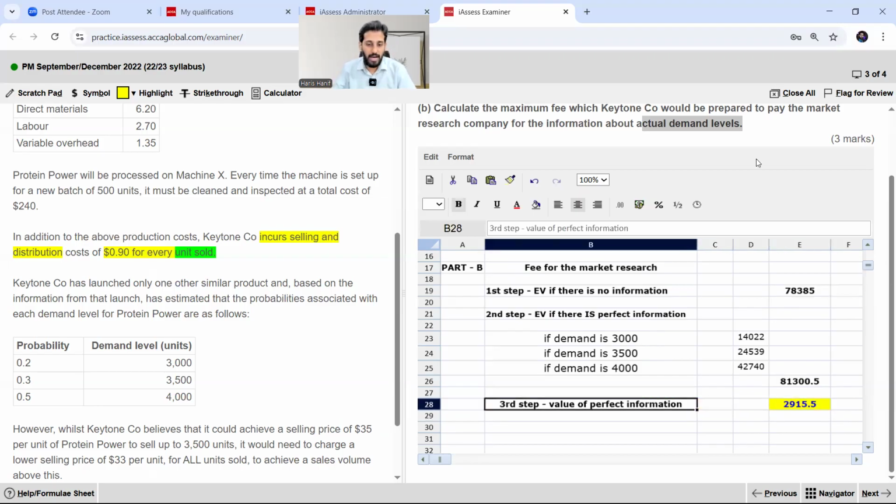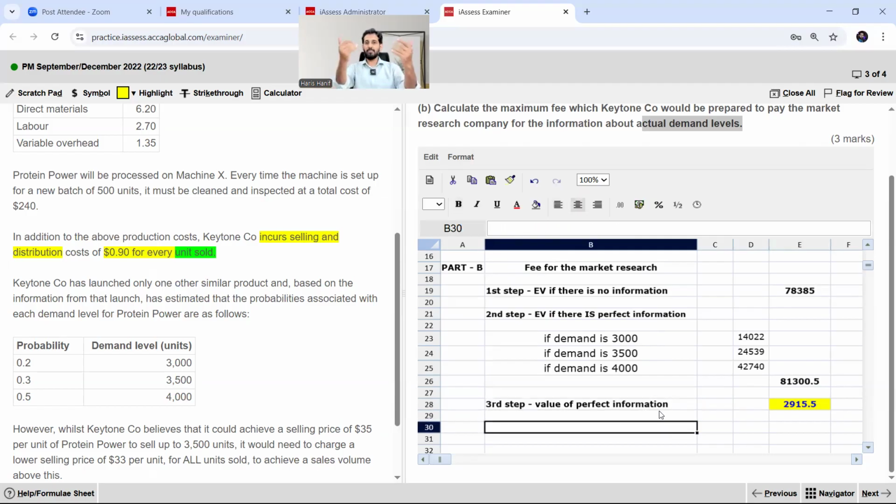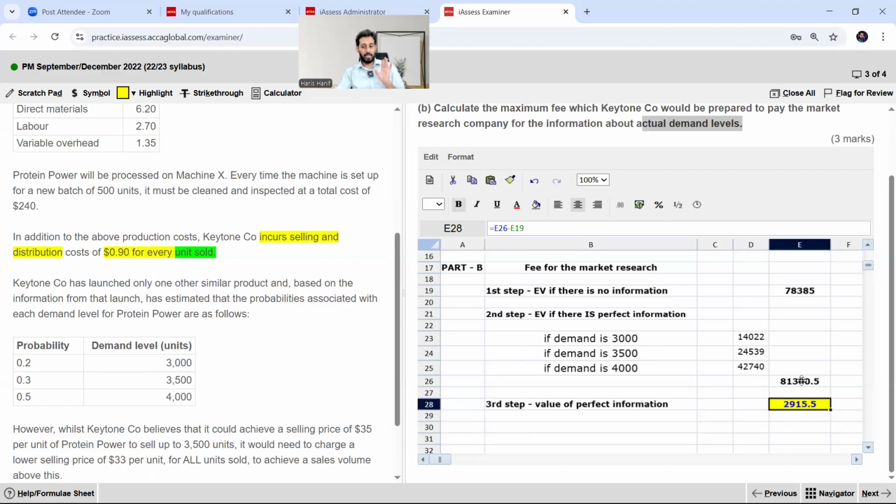So if for example I ask you to give me money for the perfect information, you will be paying me this value, not this value. Why? Because this is the benefit you would already have been earning. Because of my information, you are getting an additional benefit of this.